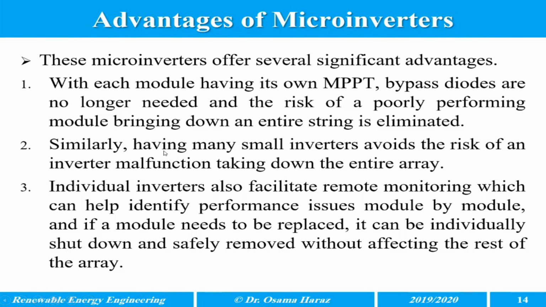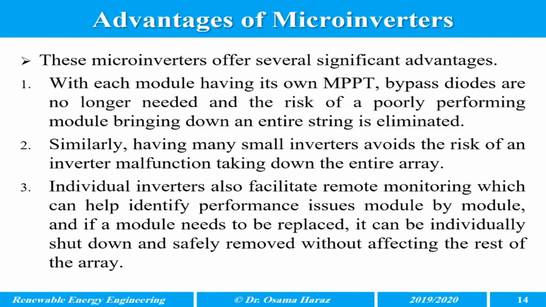In addition, having many small inverters avoids the risk of an inverter malfunction taking down the entire array. The individual inverters also facilitate remote monitoring, which can help identify performance issues module by module, and if a module needs to be replaced, it can be individually shut down and safely removed without affecting the rest of the array.